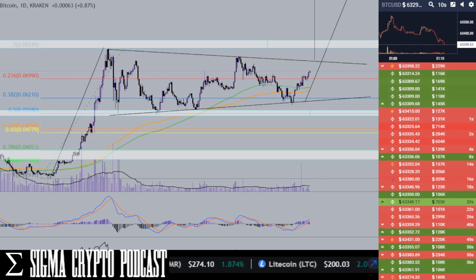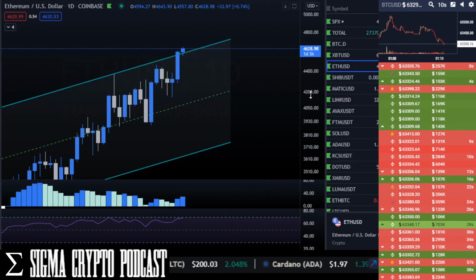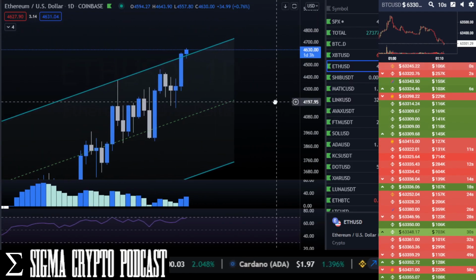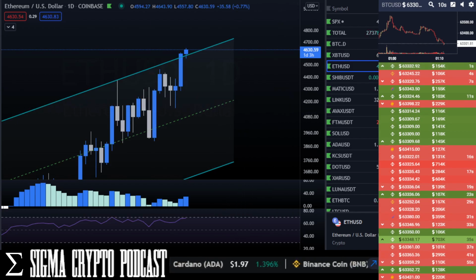Again, it could be very bullish. Maybe Ethereum hits 5K, maybe it hits 6K, I don't know. But when I'm looking at Ethereum right now, I'm thinking, don't buy Ethereum right now.